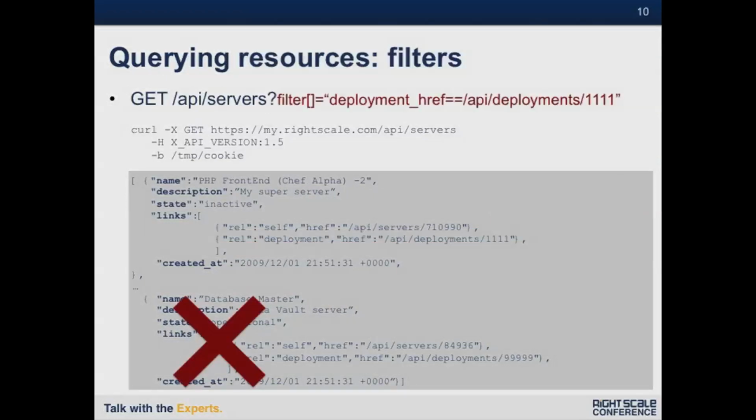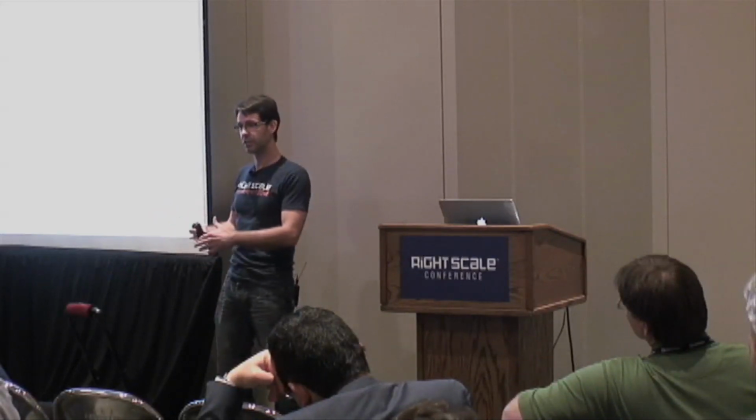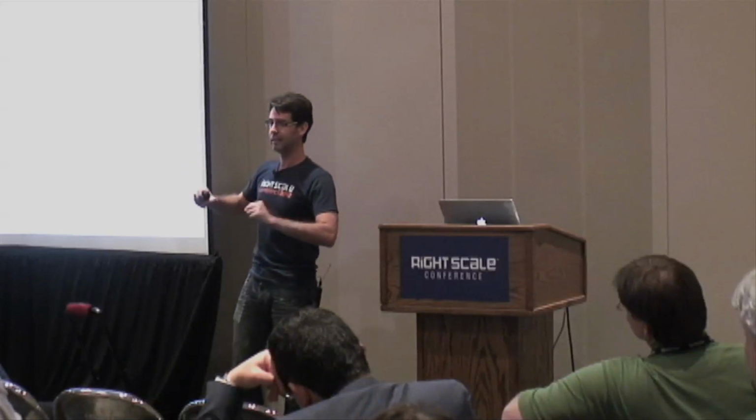So basically, from the list of servers, only give me the ones that have this filter matching. So I'll get the same list only for servers that belong to this deployment. Okay? So it's a condition. You can think of filters as conditions, as if you're selecting from the servers table with these conditions.